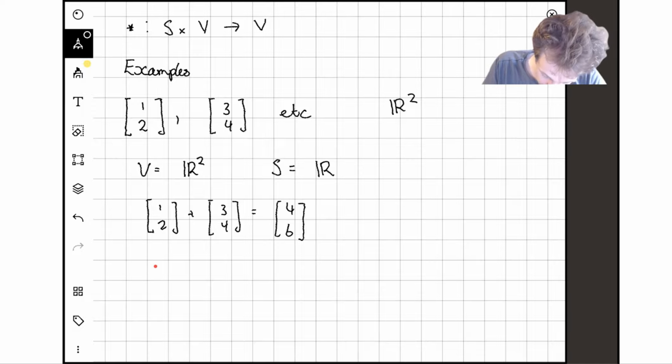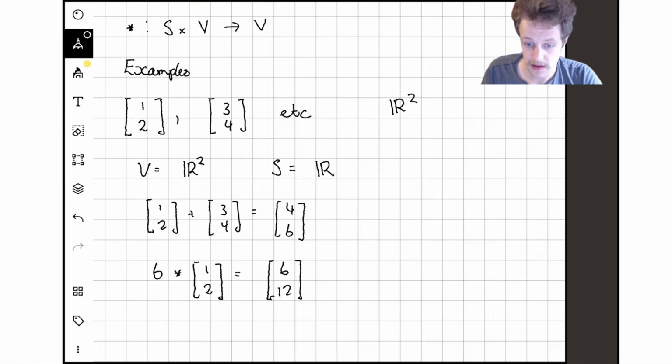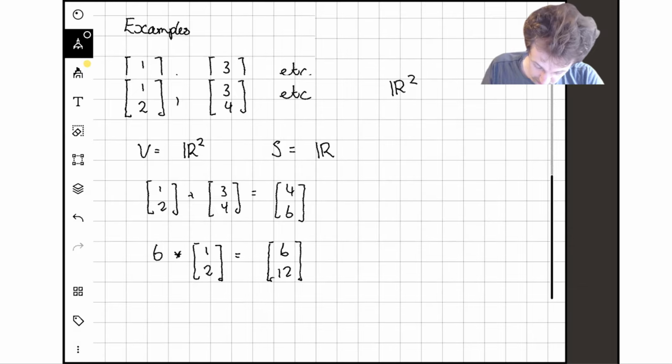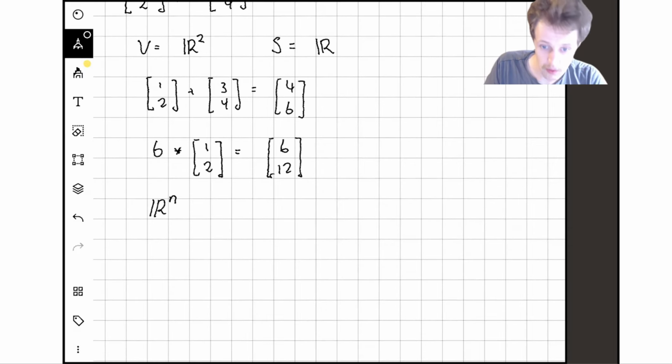And our star operation works also in a similar way, where 6 star 1, 2 is 6, 12. Now, we can make our columns as big as we want. We just call it Rn, where n is the size of the column.